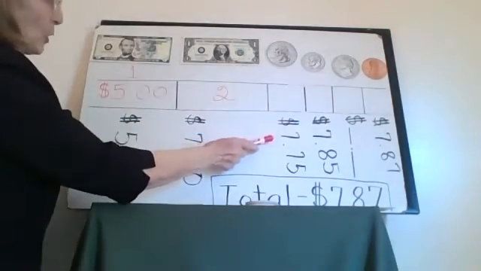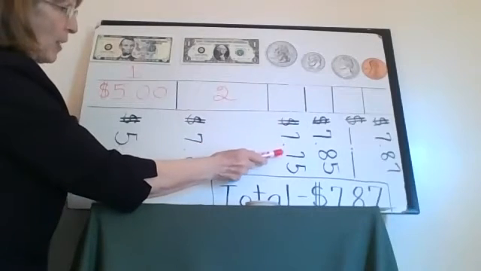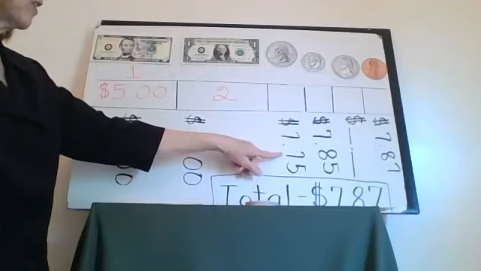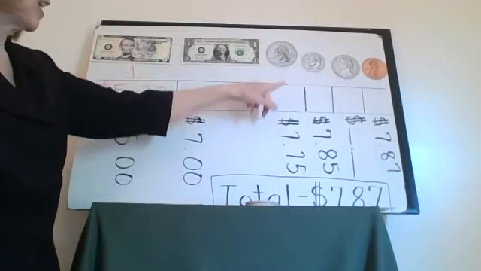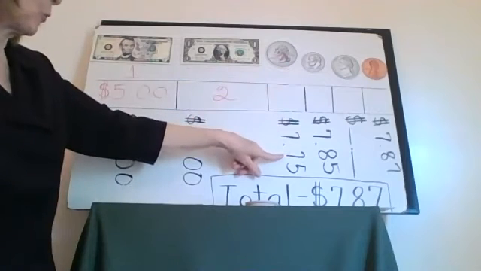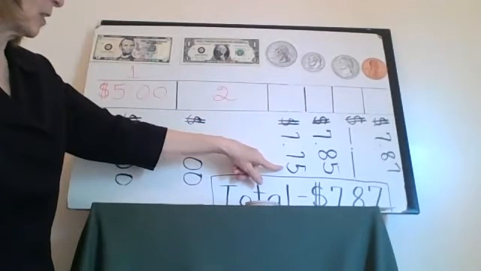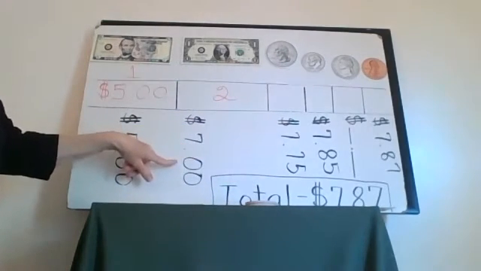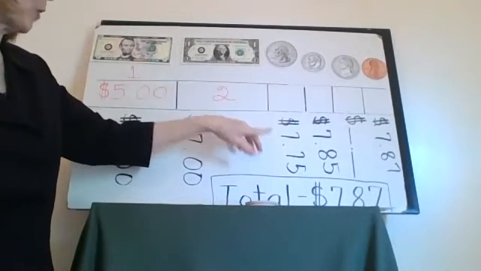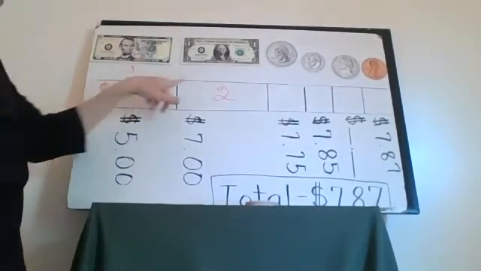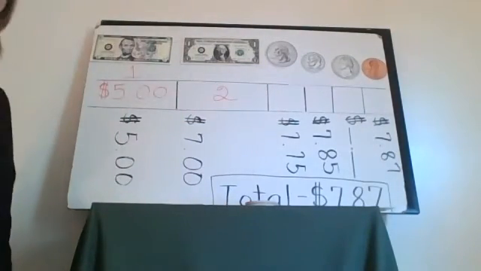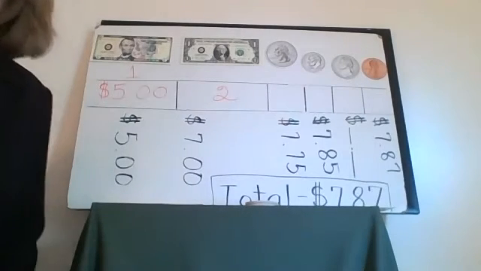Do you see this number? $7.75. How many quarters will we need to make 75 cents? We already have the $7, so we need the 75 cents to add to this. What do we need? 75. Wait a minute, we just did that, didn't we?